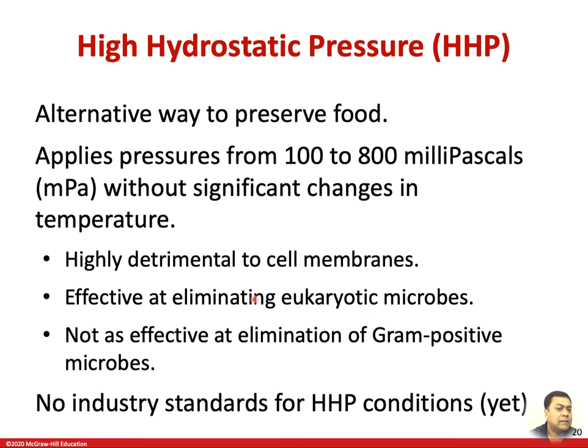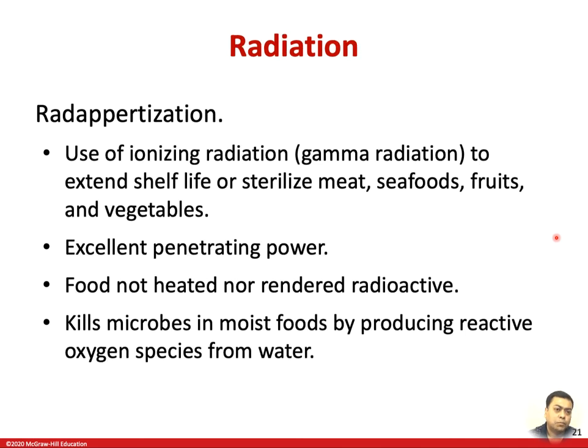It is not as effective in eliminating gram-positive microbes, but mainly eukaryotic pathogens. There is no industry standard for HHP, and HHP is not a mainstream process of food processing yet.